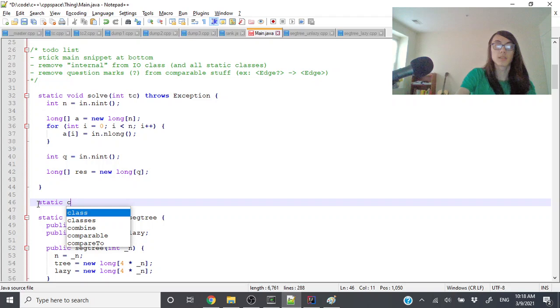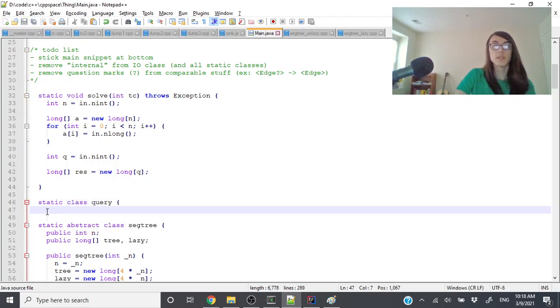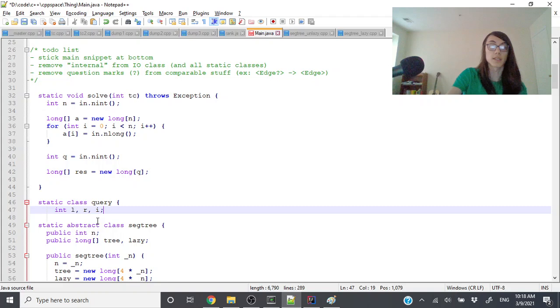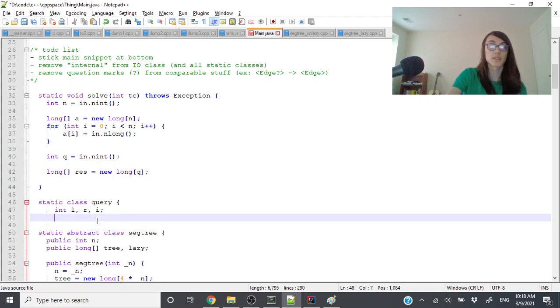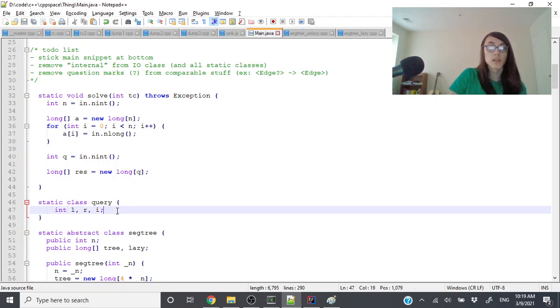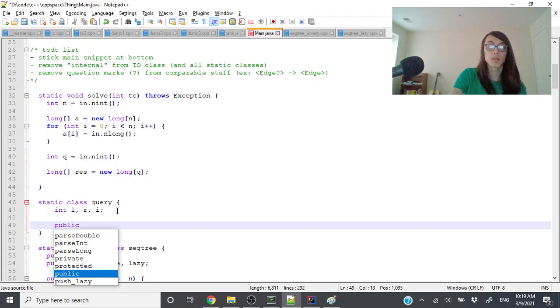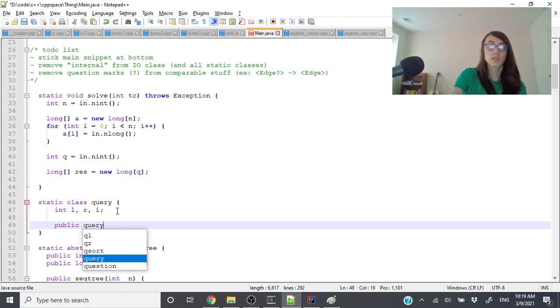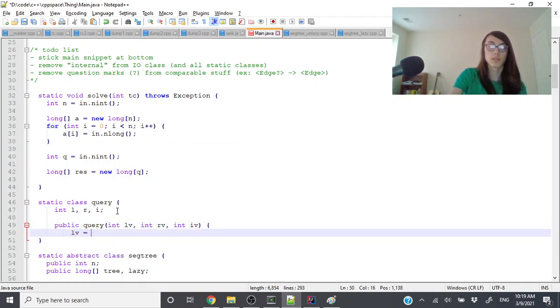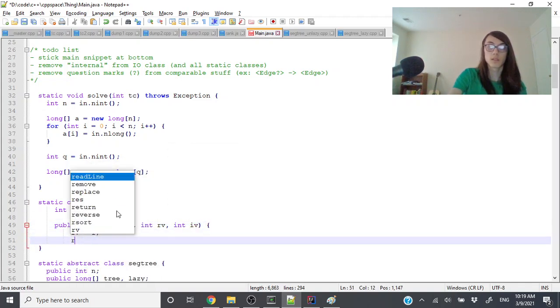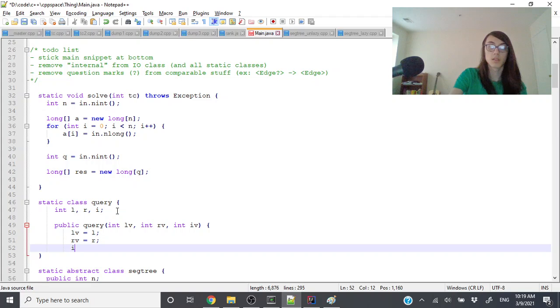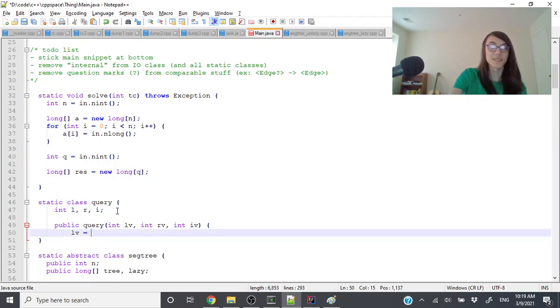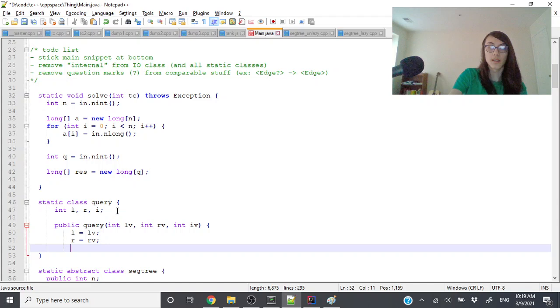Static class query. Let's see. So we need L, R, and index. Wait, what? Messed that all up. L equals LV, R equals RV, I equals IV.